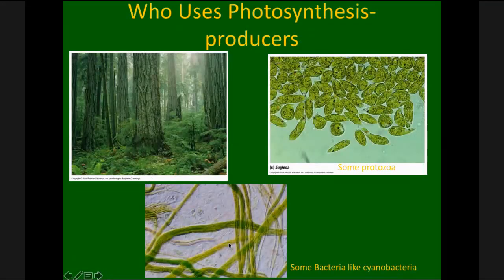And don't forget, virtually all autotrophs are going to be running photosynthesis. There are some deep sea autotrophs that are using other chemical pathways, for example. So plants and some single-celled eukaryotes, like euglenids, are going to be photosynthetic. And then remember that bacteria, like cyanobacteria, can be photosynthetic as well.